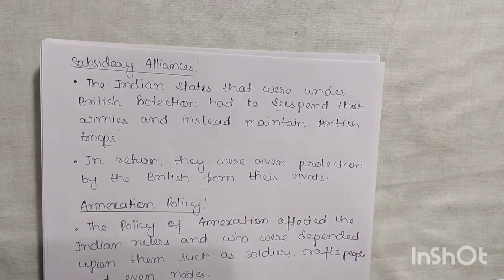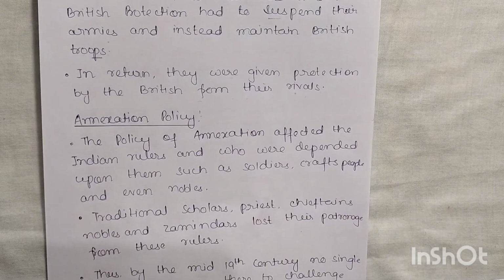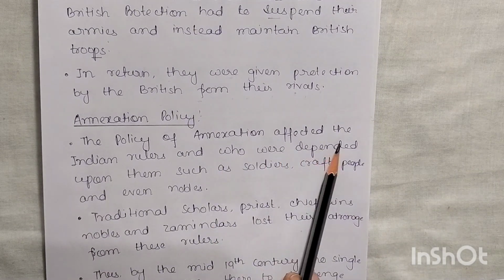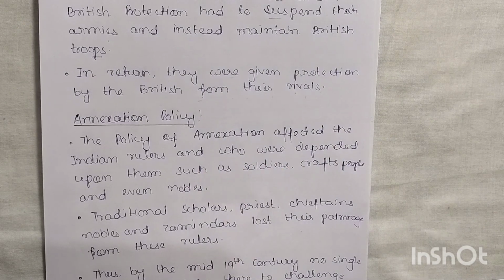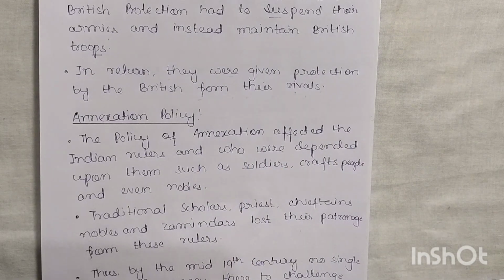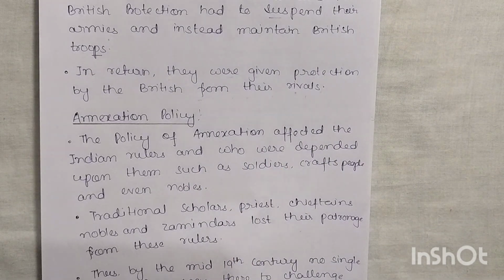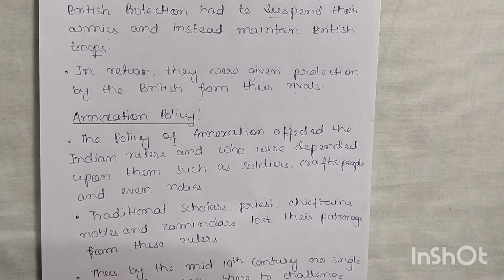Okay. And annexation policies were also there. The policy of annexation affected the Indian rulers and those who were dependent upon them, such as soldiers, craftspeople, and even the nobles. Due to these policies, all these people were affected. Traditional scholars, priests, nobles and zamindars lost their patronage from these rulers due to these annexation policies.